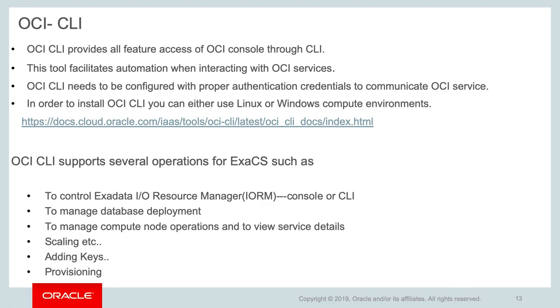You can scale the database, add another key, provision it, manage compute node operations, and see service level details. You can list any networking resources you have. You can do large data transfers using the OCI command line. It supports a variety of use cases applicable to managing ExaCS.